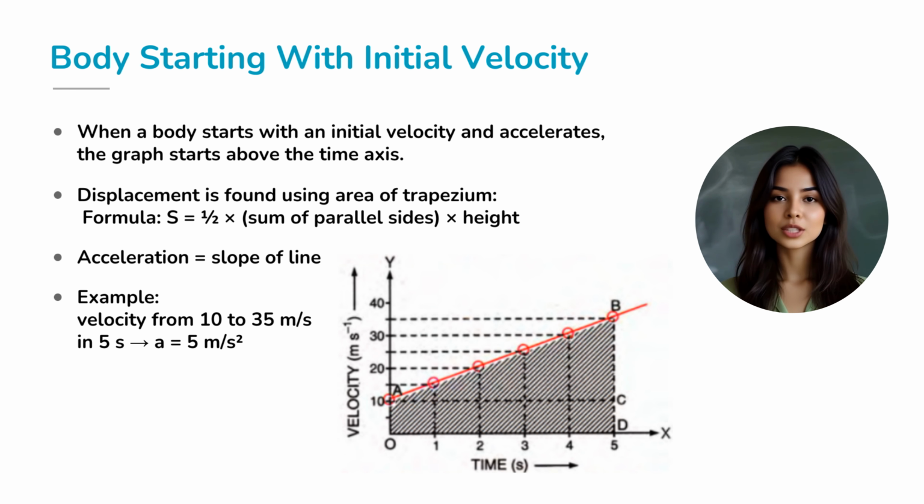And acceleration is again the slope of the line, change in velocity divided by change in time. Look at figure 2.16. The car starts at 10 meters per second and accelerates to 35 in 5 seconds. So, acceleration equals 35 minus 10 divided by 5, which is 5 meters per second squared. And displacement? It comes out to 112.5 meters using the trapezium area.